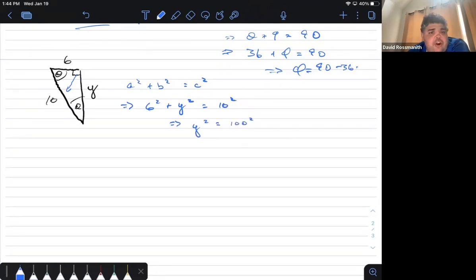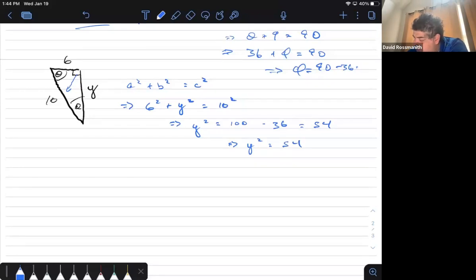minus 6 squared, which is 36. When I bring the 36 to the right side, it becomes negative. There's no square here, sorry. And 100 minus 36 is 64. So we have y squared equals 64. But I don't want y squared.